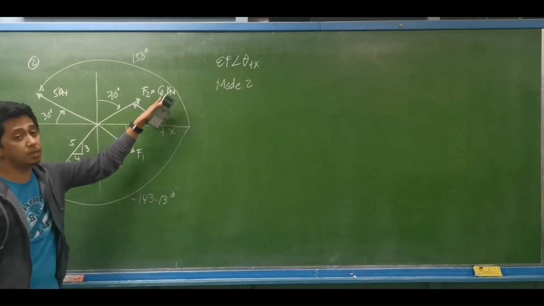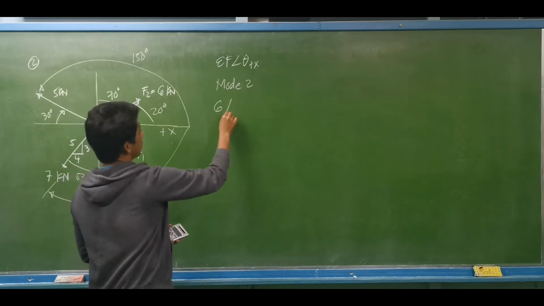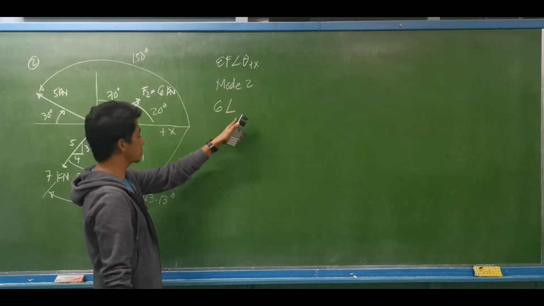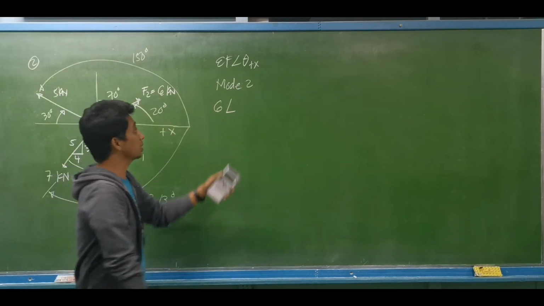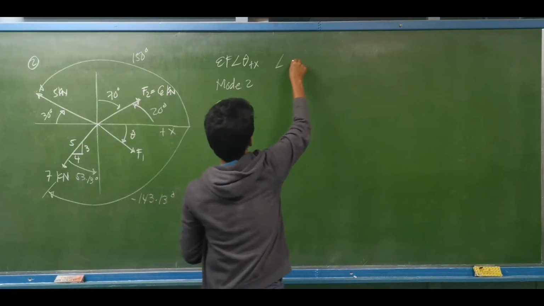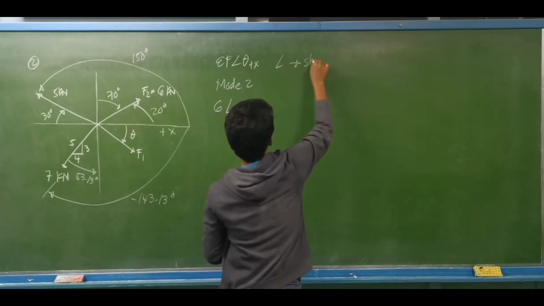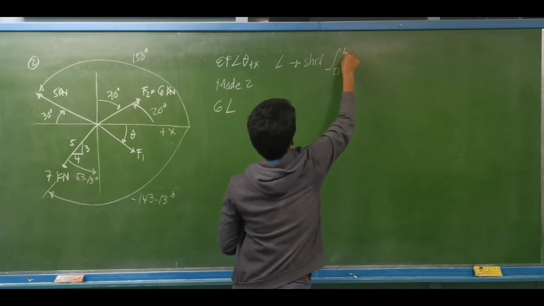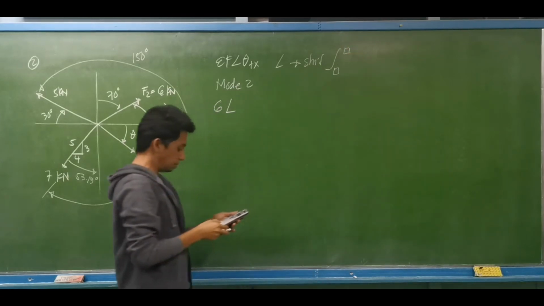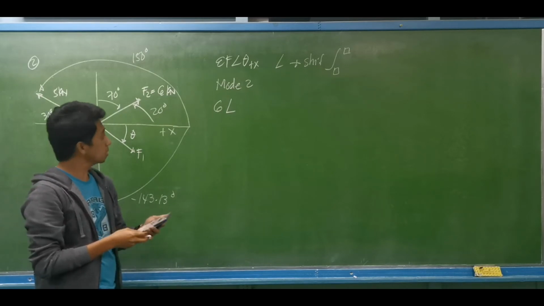First we have the 6 kilonewtons, then bring out the angle sign. The angle sign will appear if you use the shift of the integral sign.